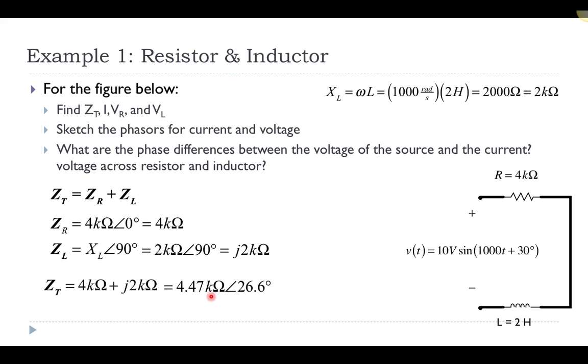I'm assuming that we can all use our conversion between rectangular form in complex numbers and polar form. And then our angle is the inverse tangent of 2 over 4, and we get 26.6. So my total equivalent impedance for these two components connected in series is 4.47 kilo ohms with an angle of 26.6 degrees.